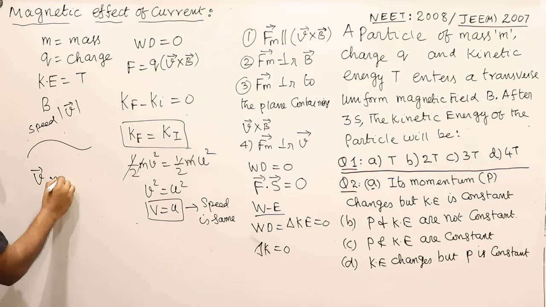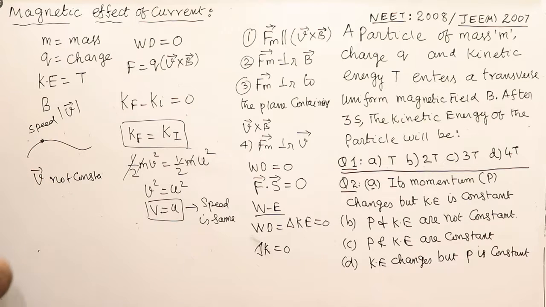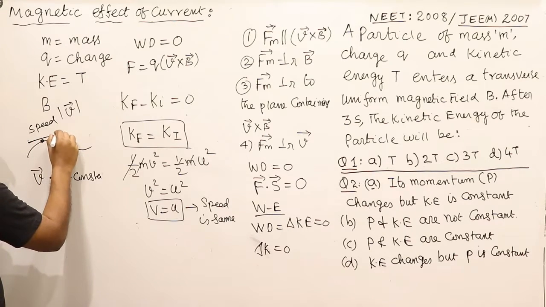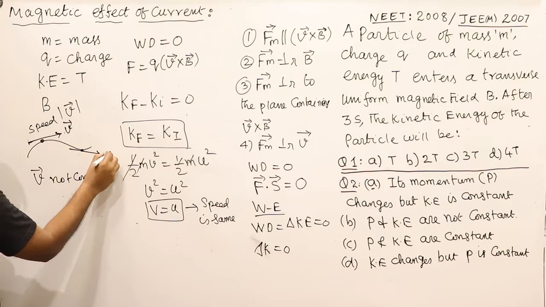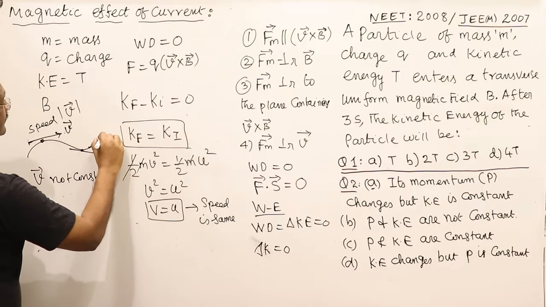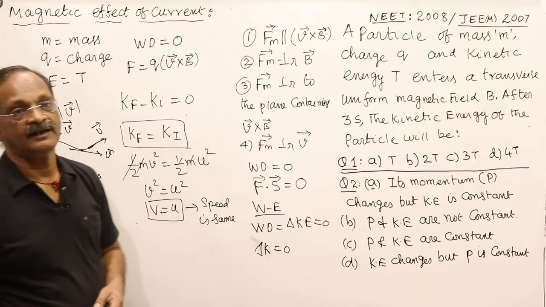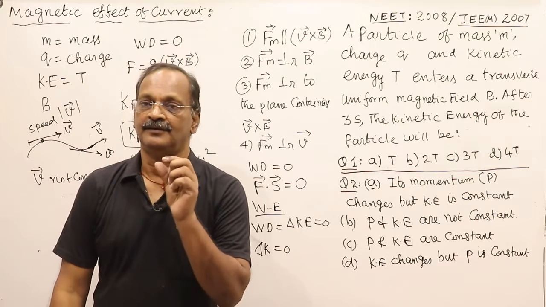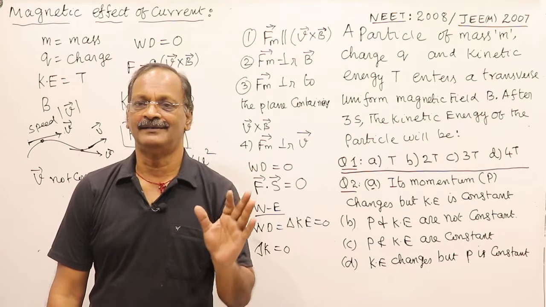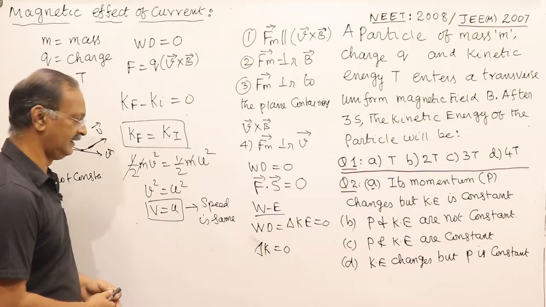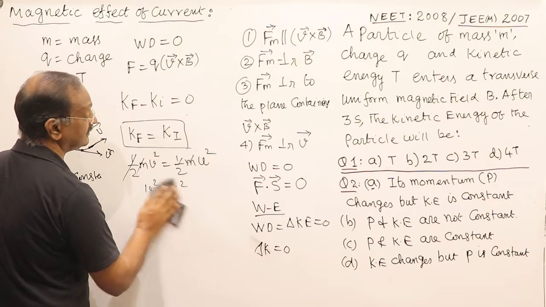The velocity vector is not constant. Why? Because at any point on the path where we want to find the velocity, we draw the tangent, and that gives the direction of velocity. So though the speed is constant, the velocity changes.